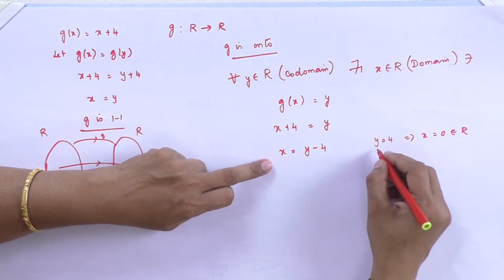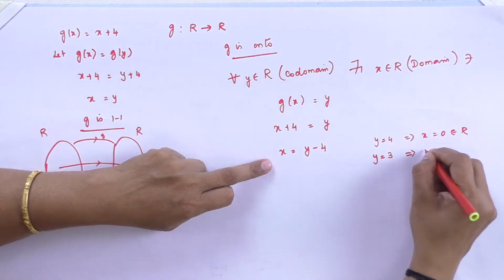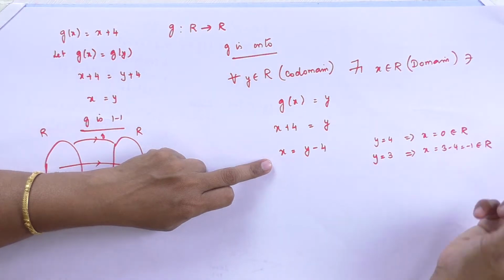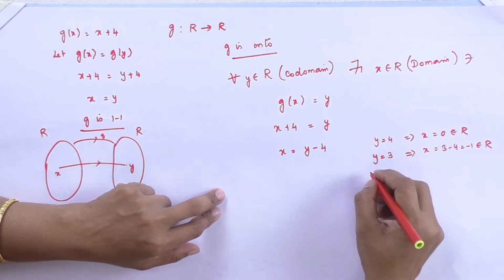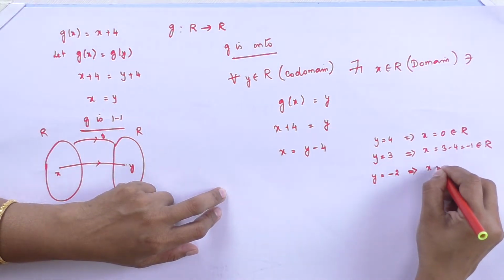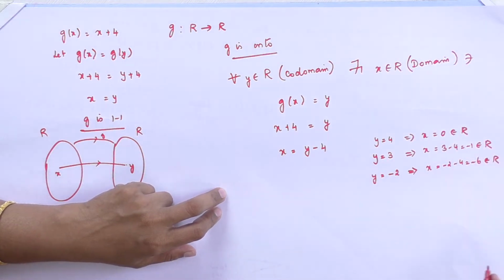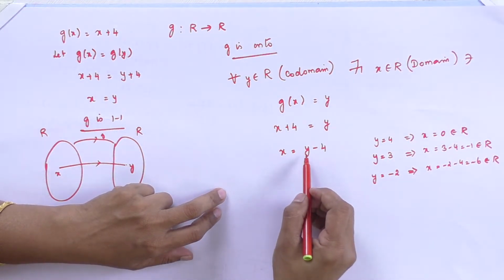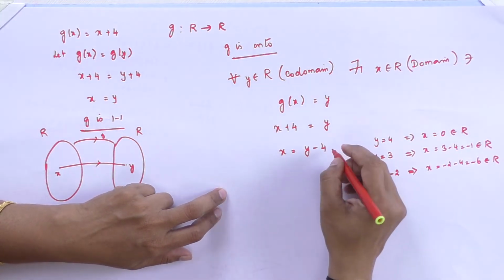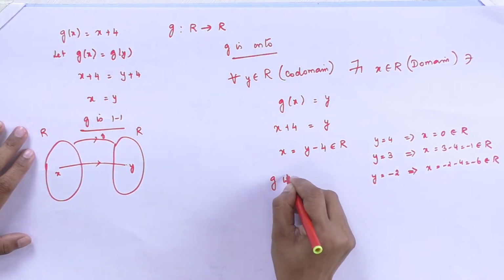Suppose y is equal to 3, then x is equal to 3 minus 4, which is equal to minus 1, which also belongs to the real numbers. Next, if I take y to be a negative number, say minus 2, I get x equal to minus 2 minus 4, which is equal to minus 6, and that also belongs to the real numbers. So whatever y value I take from the codomain set of real numbers, I get again a real number which also belongs to R. Therefore, g is onto.